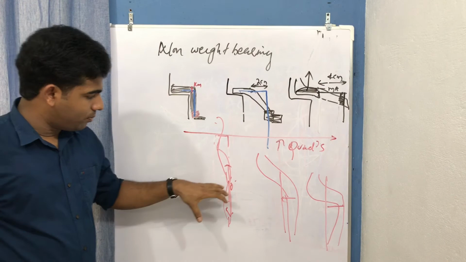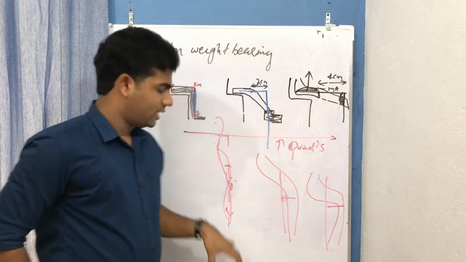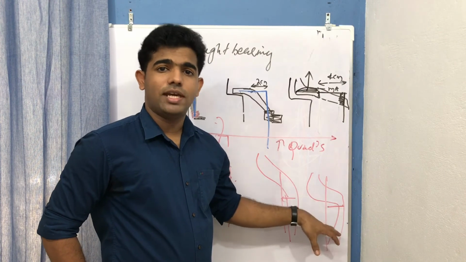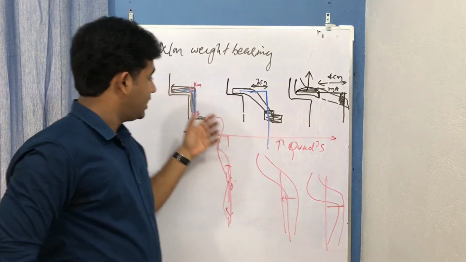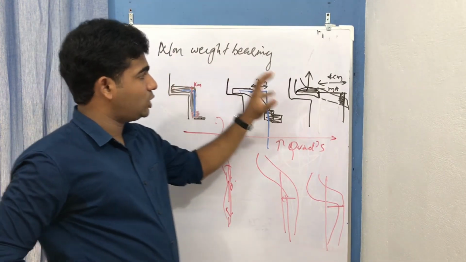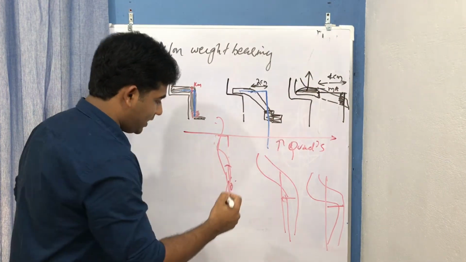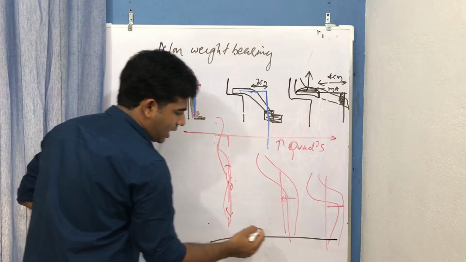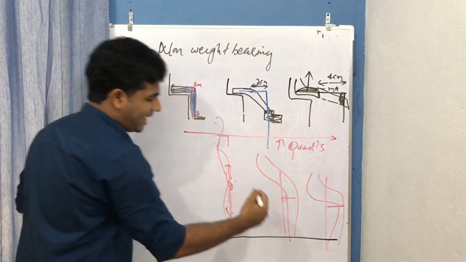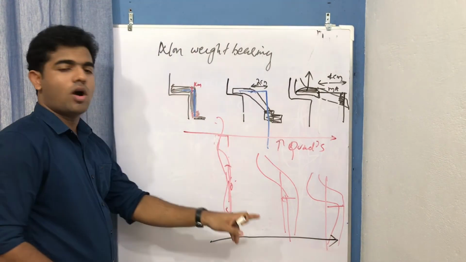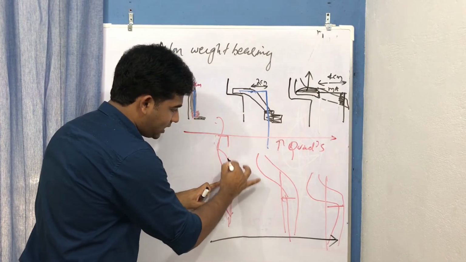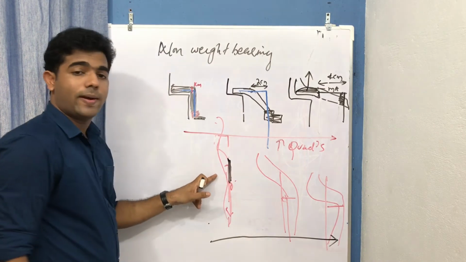That means from this position to this position, that is from extension to flexion, in weight bearing position, the quads has to work. In the earlier scenario, it was from flexion to extension that the quads had to work. Here the quads activity is very minimal, because the gravitational extension moment is already providing that extension.